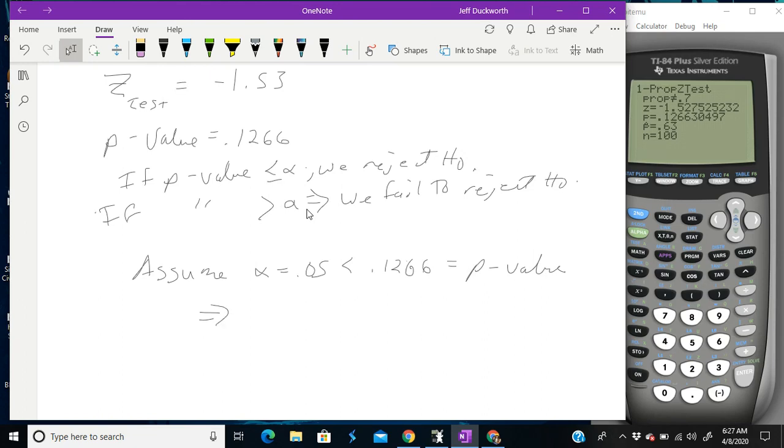Therefore, since the p-value is larger, we fail to reject. And we have it concluded. So again, there's a formula to calculate this z-test statistic. The calculator does it for you very well as well. All right, and that is how to use the one prop z-test.